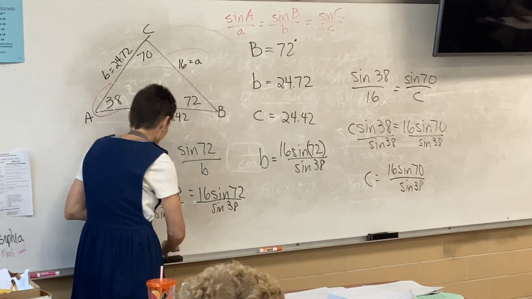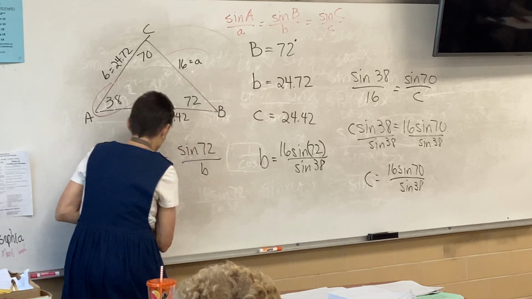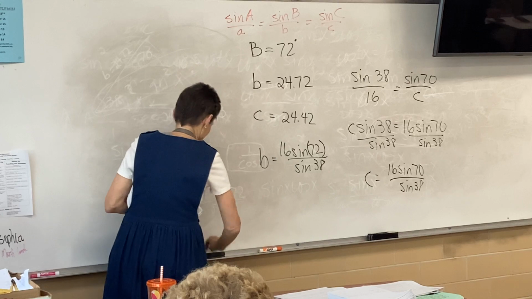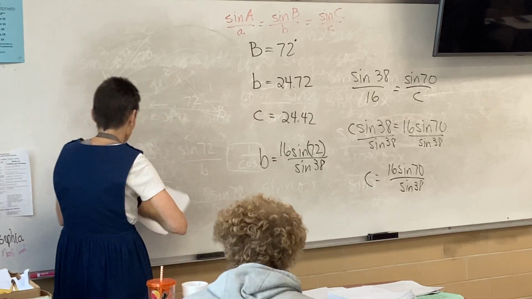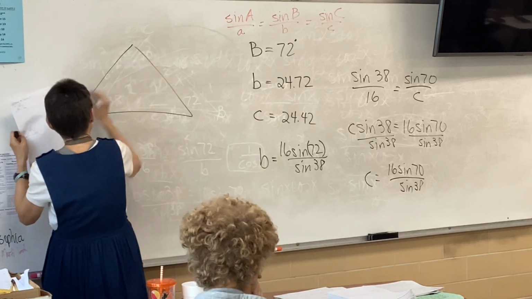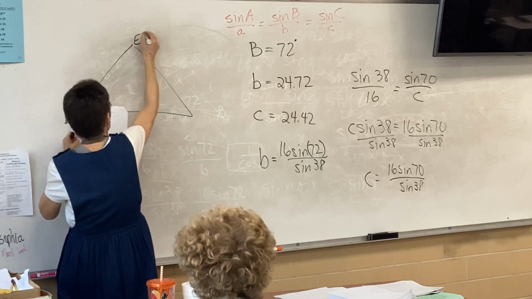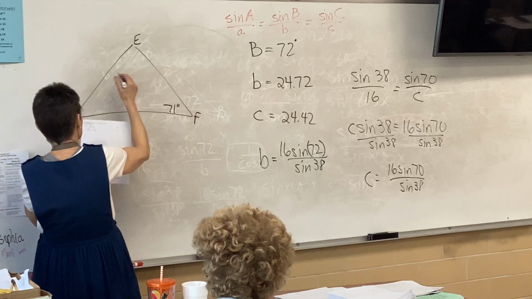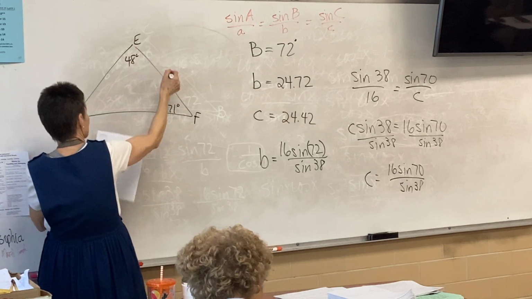Okay, B looks about the same. Different letters on the triangle, but that doesn't matter. The letters used don't have anything to do with it. So this is 71, this is 48, and this is 8.